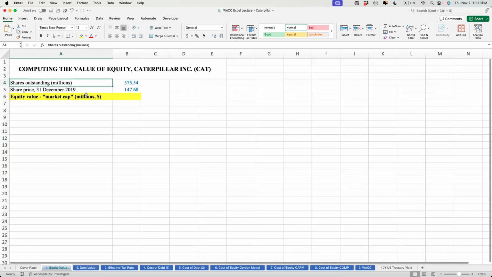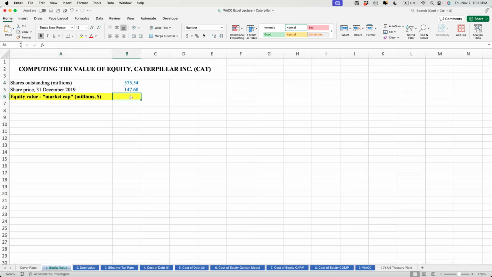So when we calculate this equity value, we should also convert the actual number of shares outstanding to millions, okay? Then the equity value is a pretty straightforward calculation. It's just the trading price multiplied by the shares outstanding, and you get your equity value.